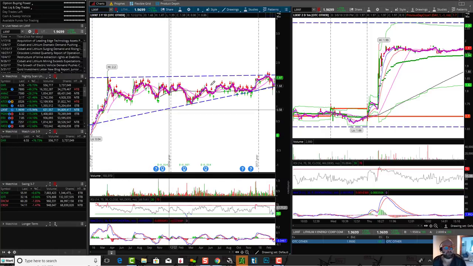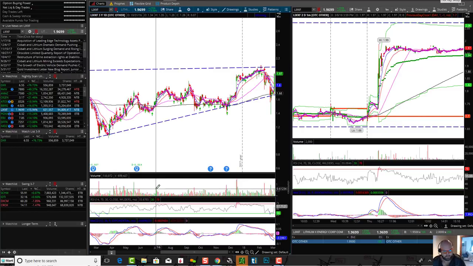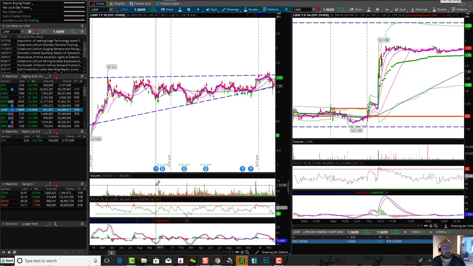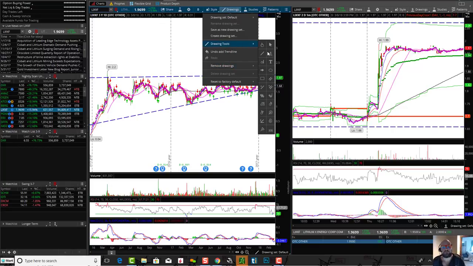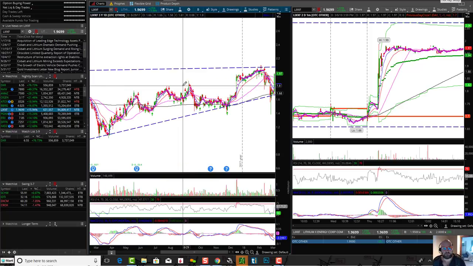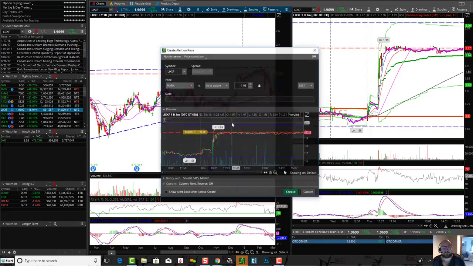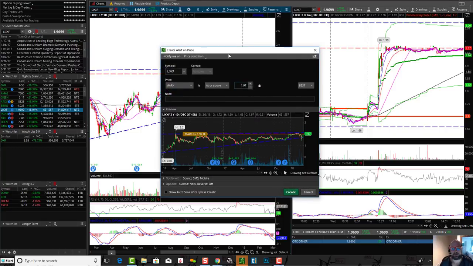Might have a kind of a flat topish, maybe type of break coming. Got to watch. You want to see it get above here. So watch if, where is that price up there? 1.97. Let's see there.